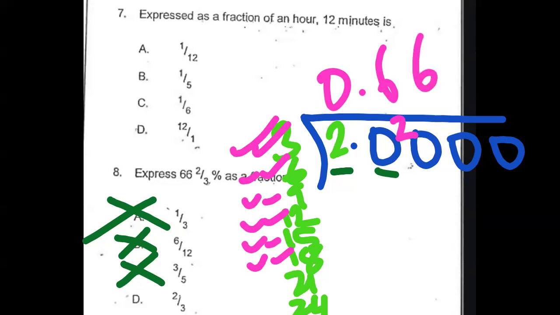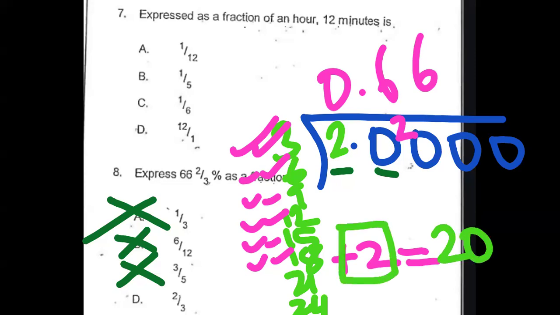Now watch the joke. 18 plus 2 give us 20, right? 18 plus 2 give us 20. This right here is our remainder. That means our answer here is 0.66 and 2/3, right?